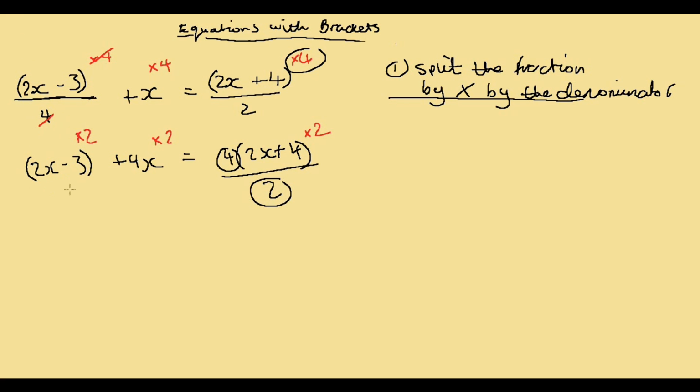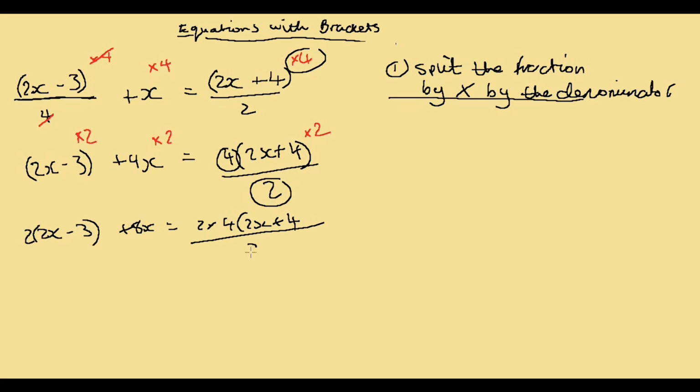So what happens? Well, this first term here, you can multiply the brackets out, expand the brackets if you wish to, but I'm just going to put the 2 on there first. 2 times by 4x is 8x.